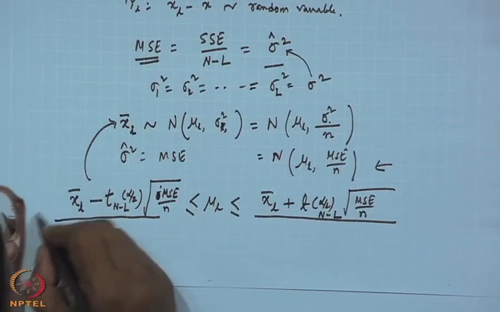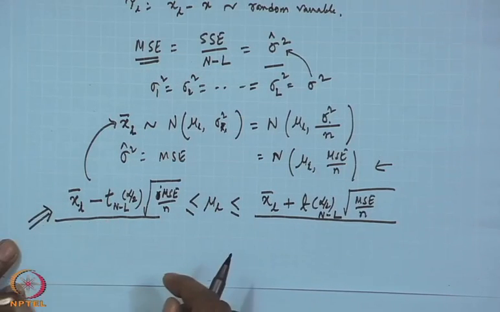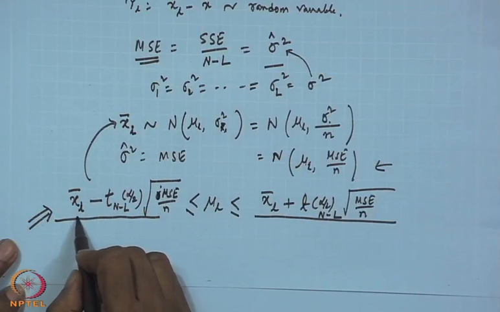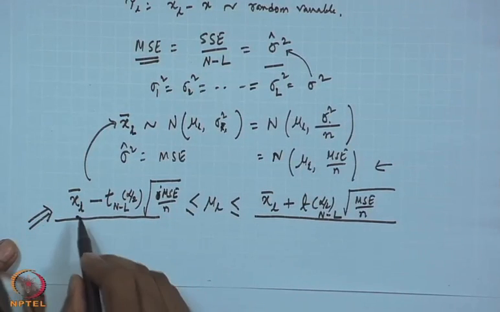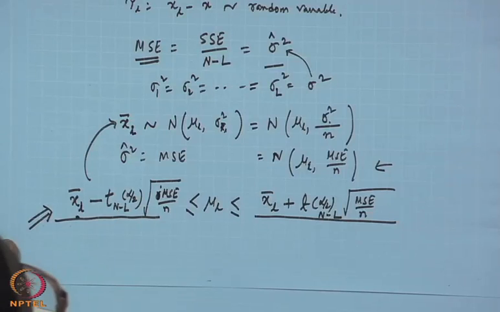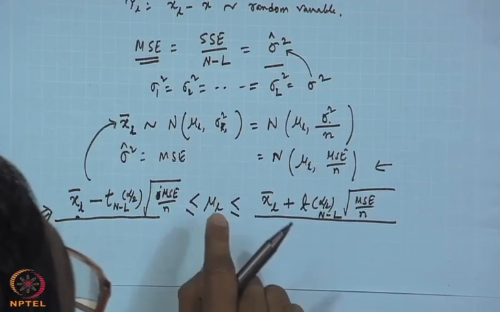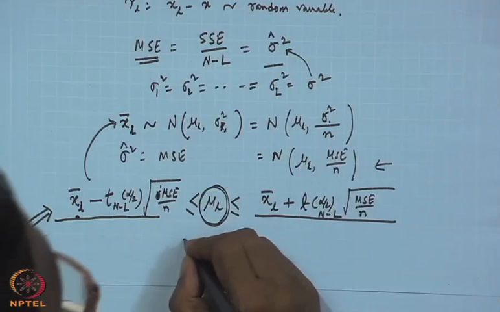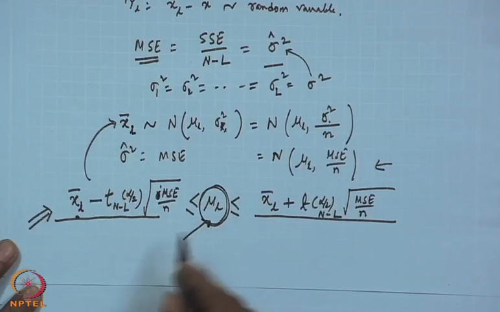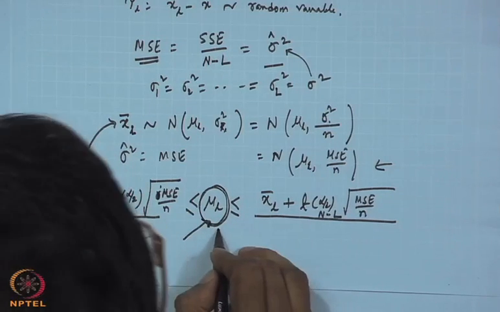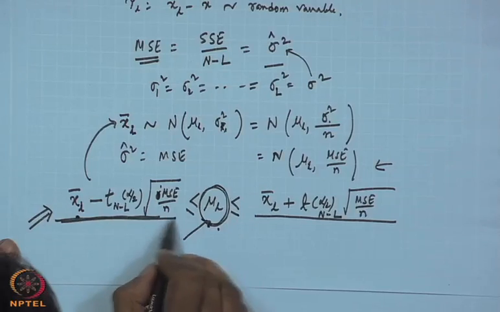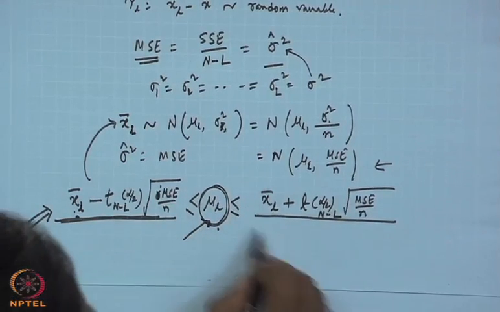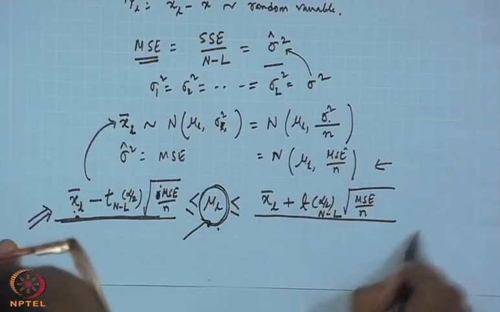So, this is the confidence interval for mu L, where please remember it is always a confidence interval related to the population parameter, that is mu L, and the range is x L bar minus this quantity to x L bar plus this quantity.